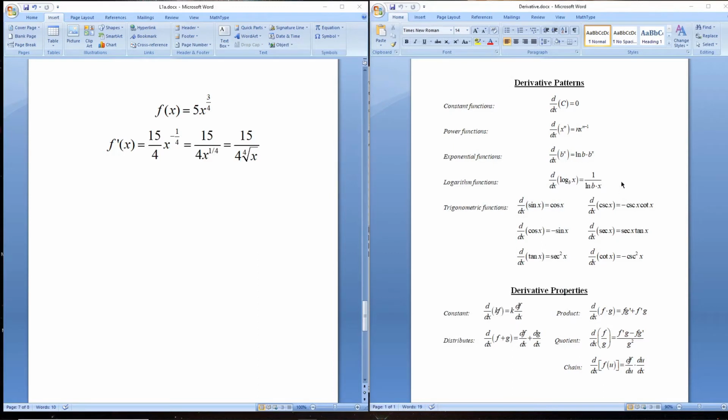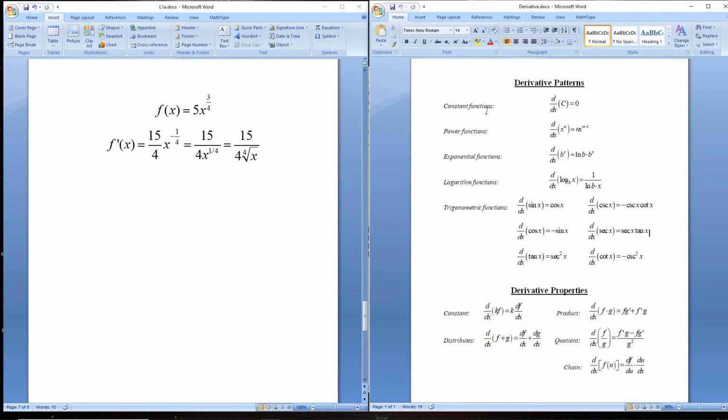These are all the derivative patterns that will be expected of you this semester, and derivative properties, including 3 we have not talked about yet. But this sheet is an excellent guide for derivatives.